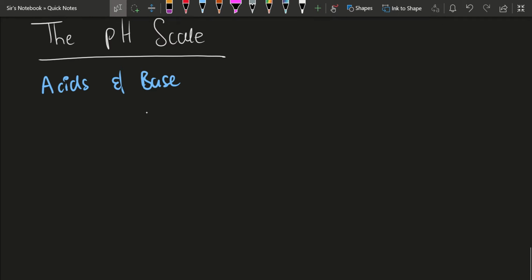On the pH scale, I think we should start with the definition. It's not really important for the exams, so I'm actually not going to write it down. We're not going to be asked about it either way. By definition, pH is the negative logarithm of the hydrogen ion concentration.